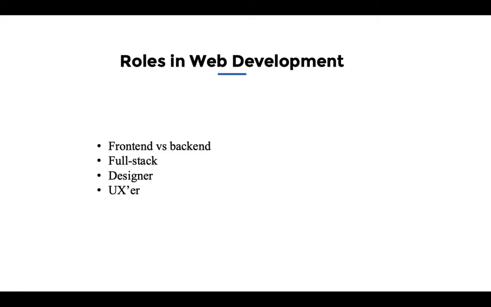Front end is like everything that we are doing that we can see on the screen. That's called front end, like HTML, CSS, and we can also say JavaScript and some kinds of that. And backend is like that that we cannot see, like database. We are getting data from database, but we don't see database.